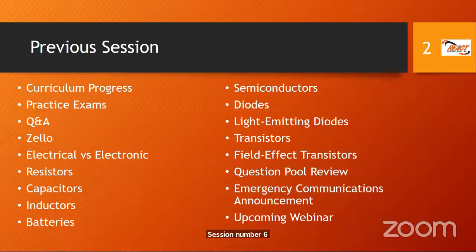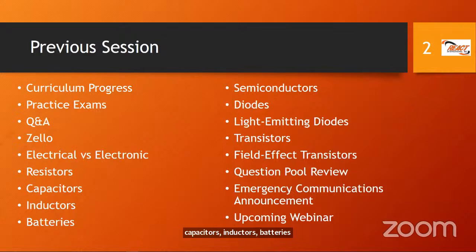During our previous session, we had our usual curriculum progress review. We took a look at the practice exam links. We had Q&A. We also discussed Zello. We demonstrated the difference between the terms electrical and electronic. We also went into some components such as resistors, capacitors, inductors, batteries.